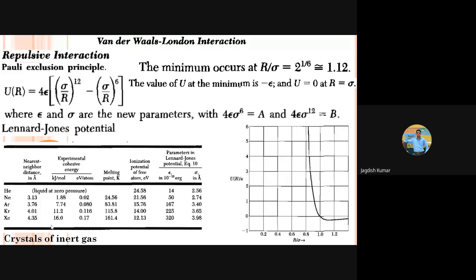As the size of the noble gas atom increases, the potential energy, or the extent of the attractive interaction, increases. We can see this as a potential well. This well will be deeper for xenon and shallower for helium or neon. The depth of the potential well keeps on increasing as we go towards xenon.